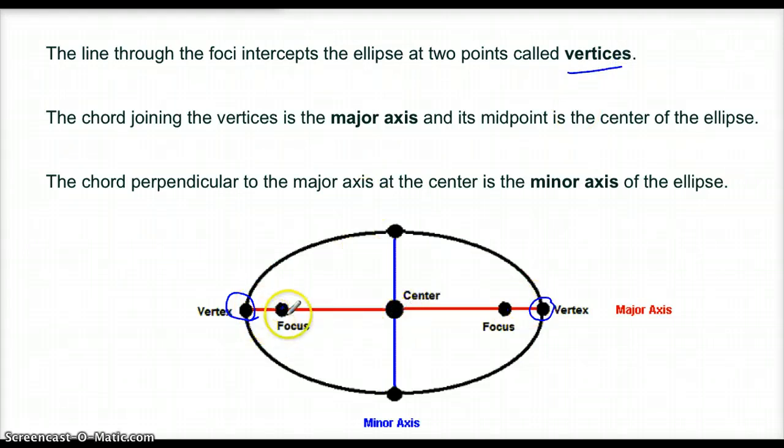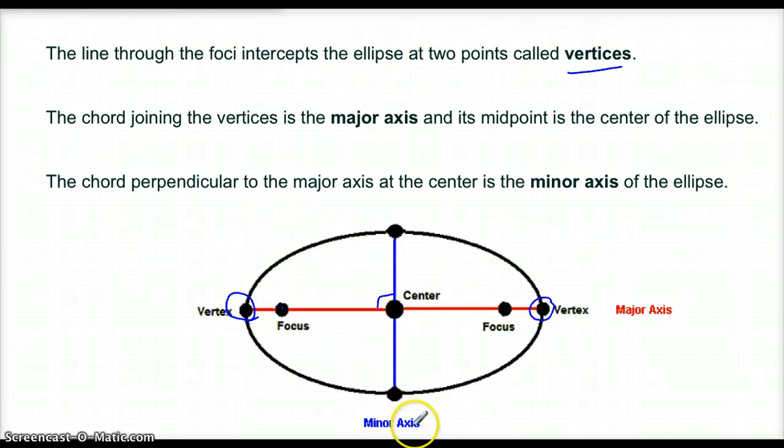The red line segment that goes from one vertex to the other is known as the major axis, and the midpoint of that major axis is the center of the ellipse. The other chord, this blue chord, is perpendicular to our major axis and goes through the center.